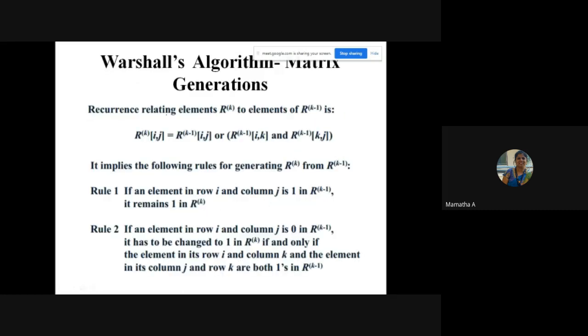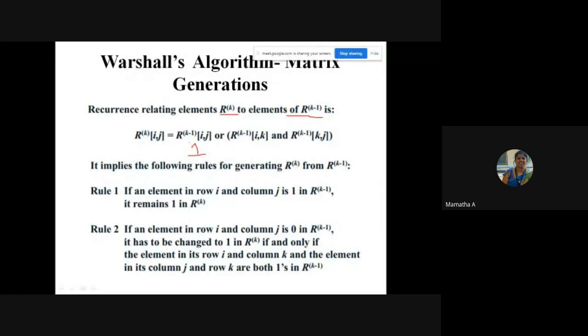So how do you write the recurrence relation relating elements of Rk to elements of Rk minus 1? Because we are getting the elements of Rk using the elements of Rk minus 1. So it is like this. Rk I comma j is equal to Rk minus 1 I comma j, or. See, if there is already a path, this will be 1, and this is or, so directly the answer will be 1.